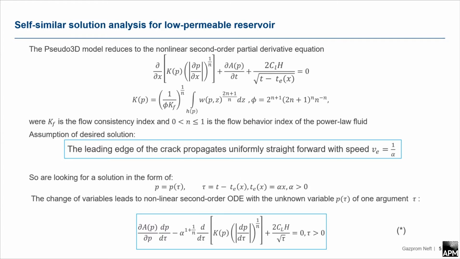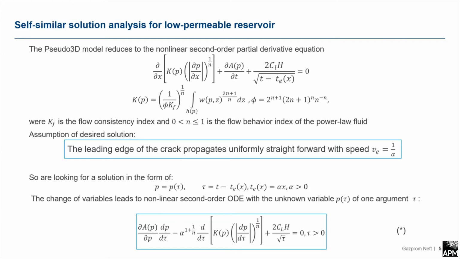In this study, we want to investigate a self-similar solution. So the main assumption of the desired solution is that the leading edge of the crack propagates uniformly straightforward with a constant speed. We take that the speed is equal to 1 divided by alpha.